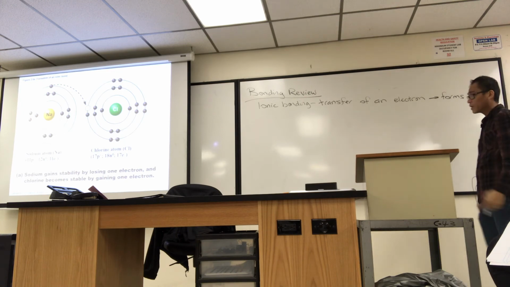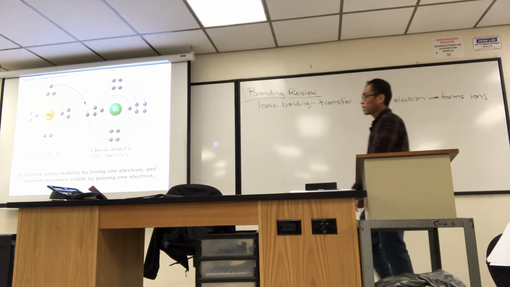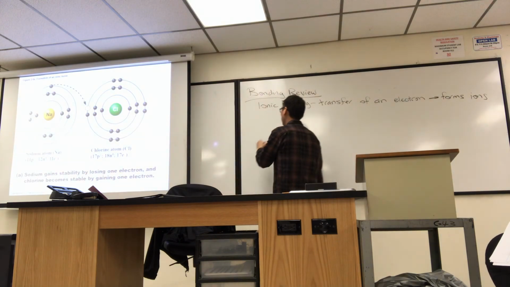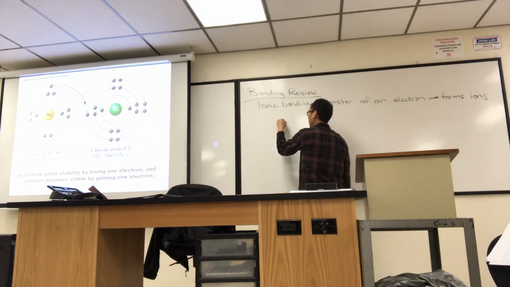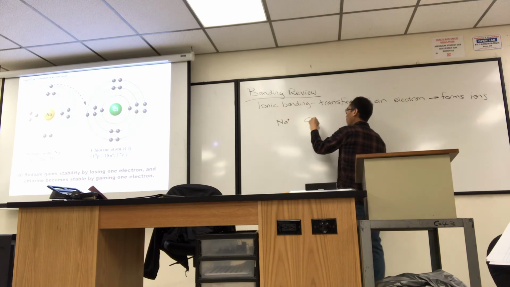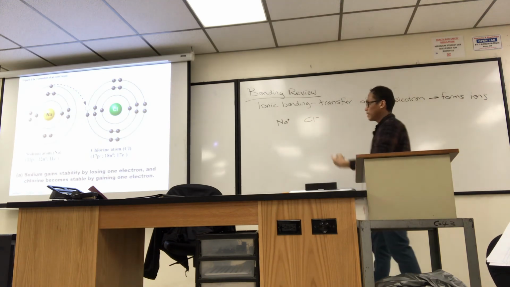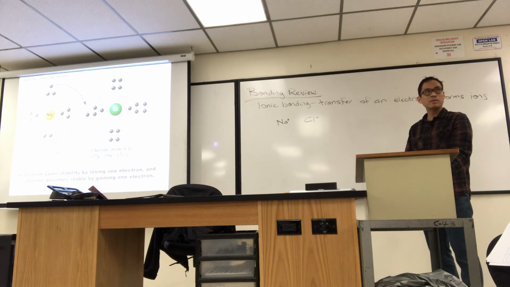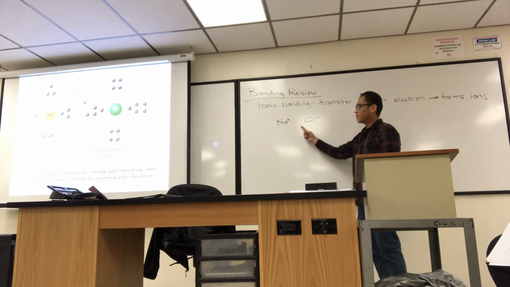It's easy for sodium to give up its outermost electron and give it to chloride. After the exchange, you form the ions. Sodium will have one full positive charge, and chloride will have one full negative charge, and positive and negative attract, and that's the bond between the positive and the negative.